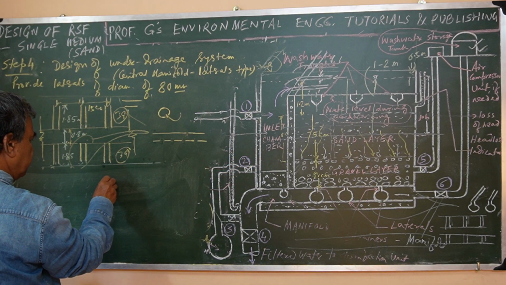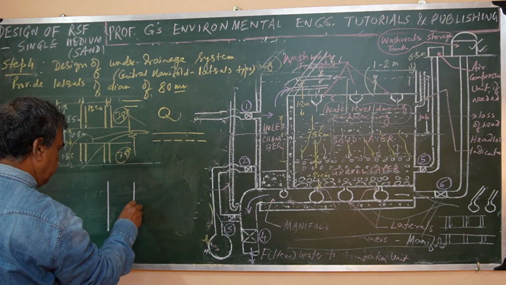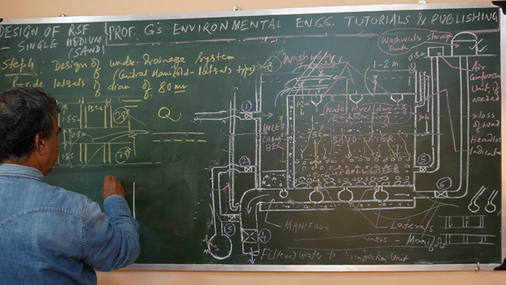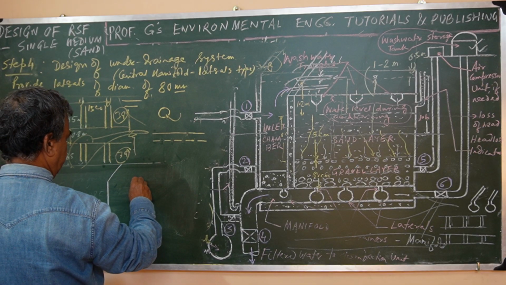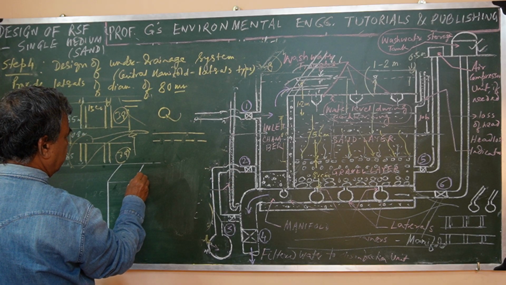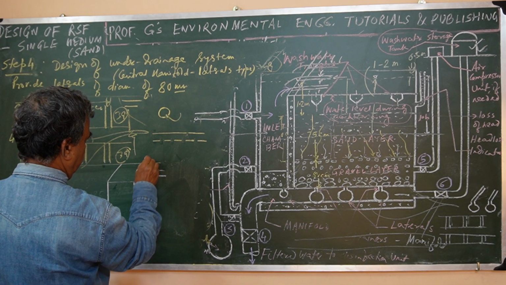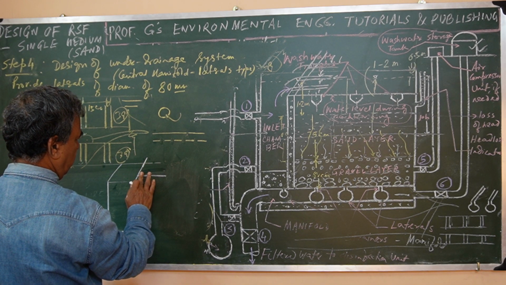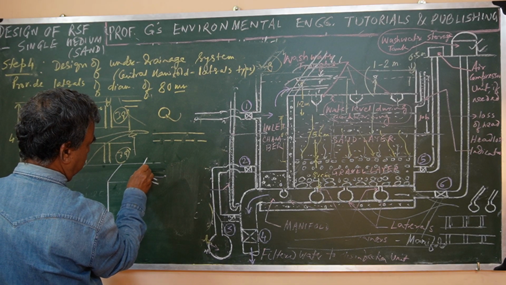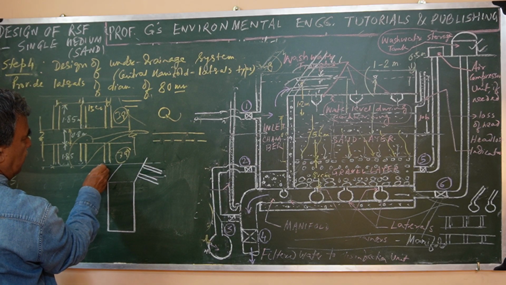Here you see this is the gullet. If you see the section, the gullet is like this, and the laterals are coming like that, on this side also.